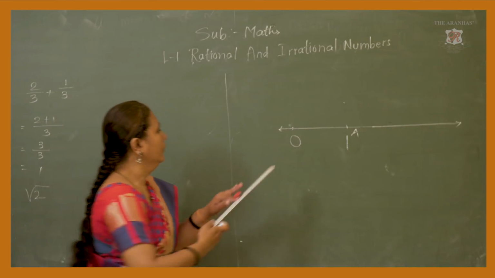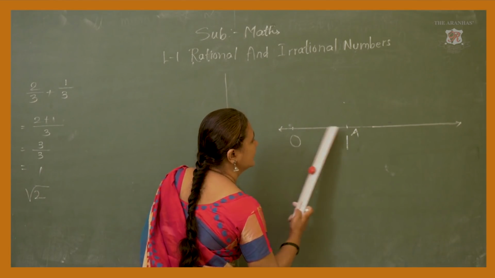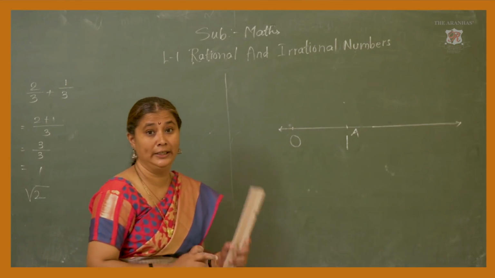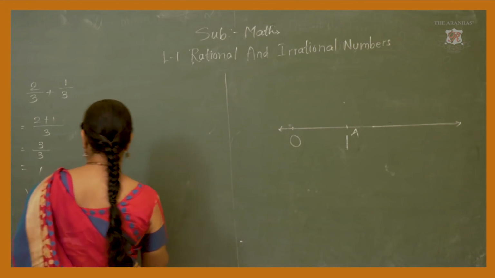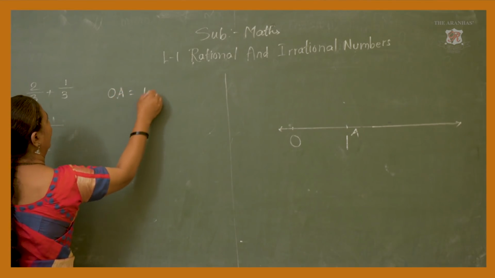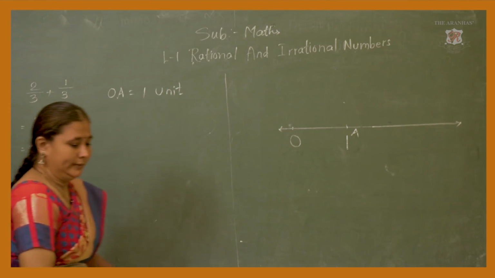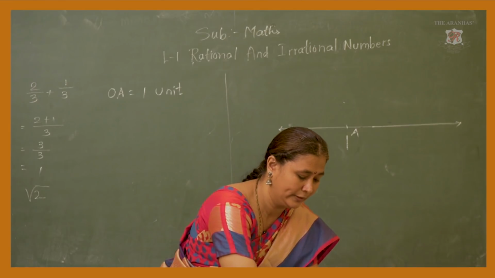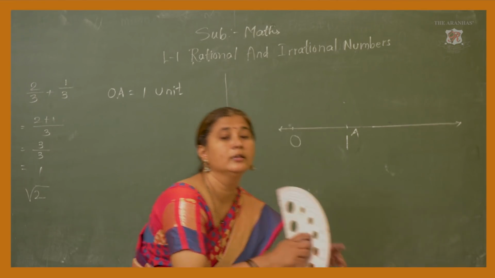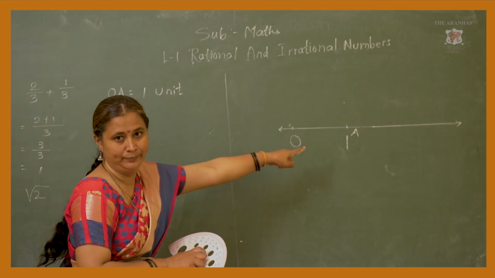Okay. Now, from the origin to the point A, the distance is what? 1 unit. Okay. So, the distance of OA is equal to 1 unit. Okay. Now, using a protractor, take a perpendicular line on point A. Okay.